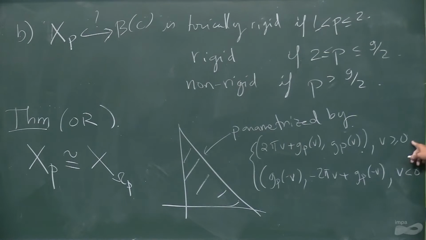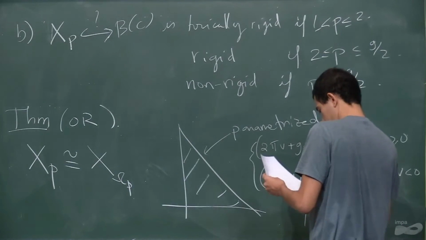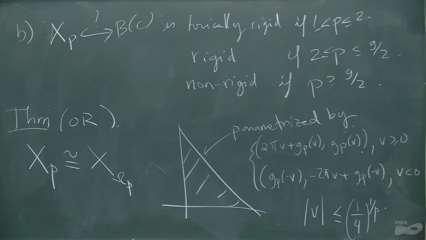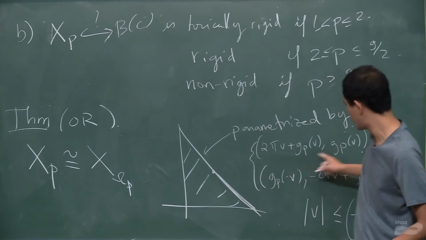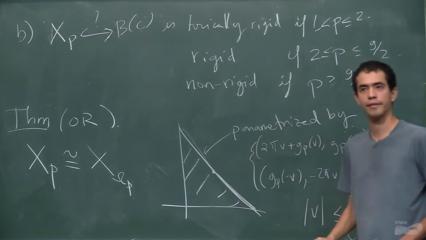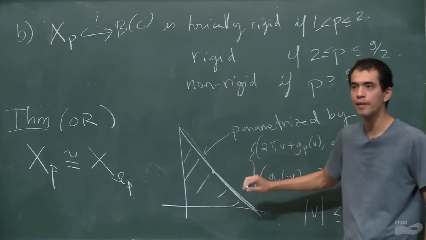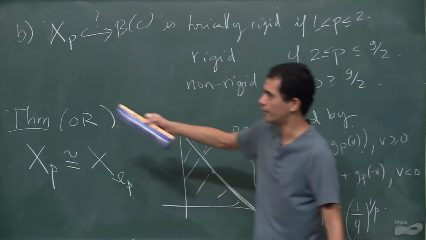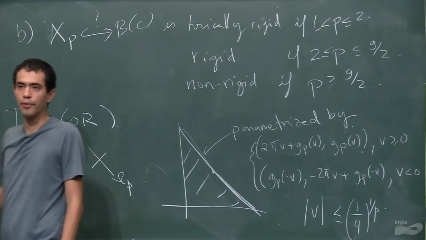And v stops, so the absolute value of v is less than or equal to (1/4)^(1/p). So this parametrizes the curve: in the positive sector it's one formula, in the negative sector it's another formula. So this is a C1 curve. Here the derivative is the same, but the other ones don't coincide, which is fine because you don't expect complete smoothness just because this function is not smooth.